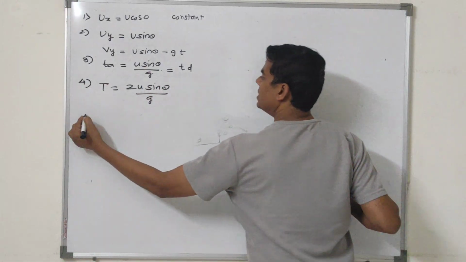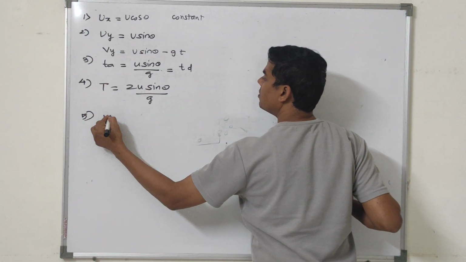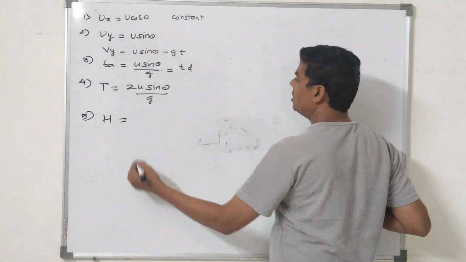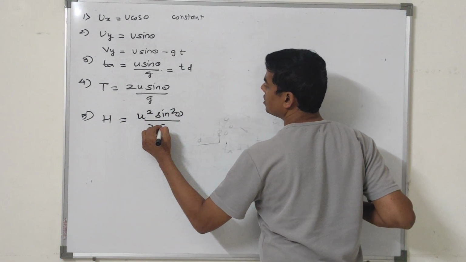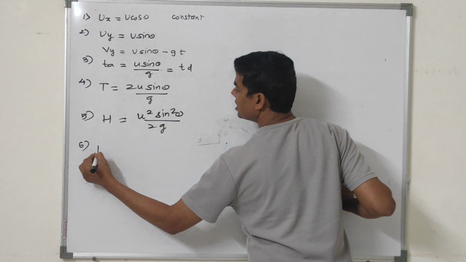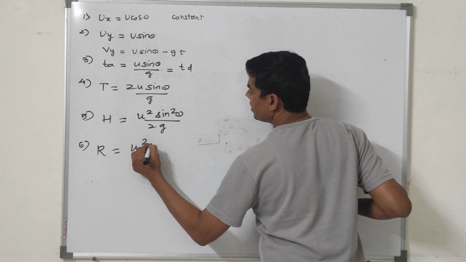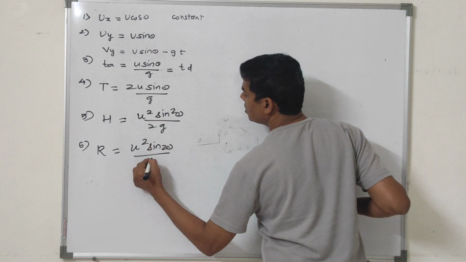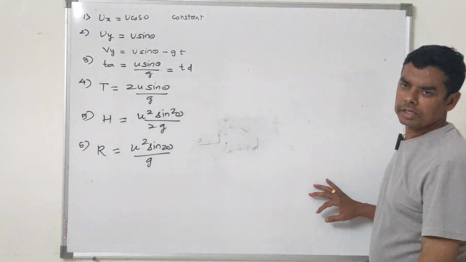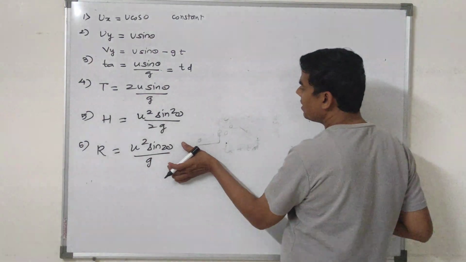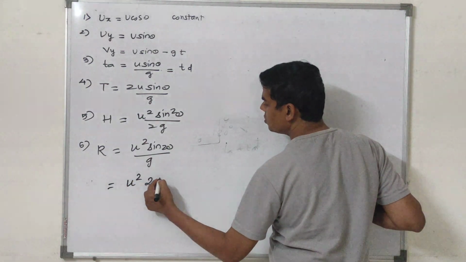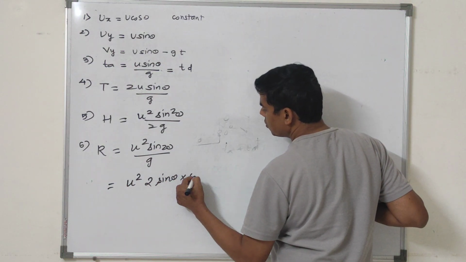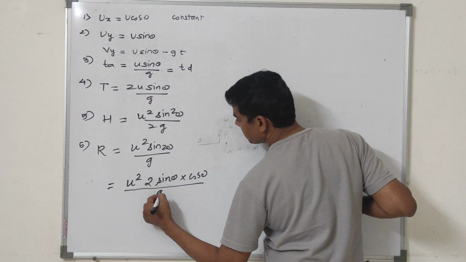Next one is the maximum height of the projectile: u square sine square theta upon 2g. Next, range of a projectile: u square sine 2 theta upon g. This is the formula for range of a projectile. We can modify this formula as u square 2 sine theta into cos theta upon g.